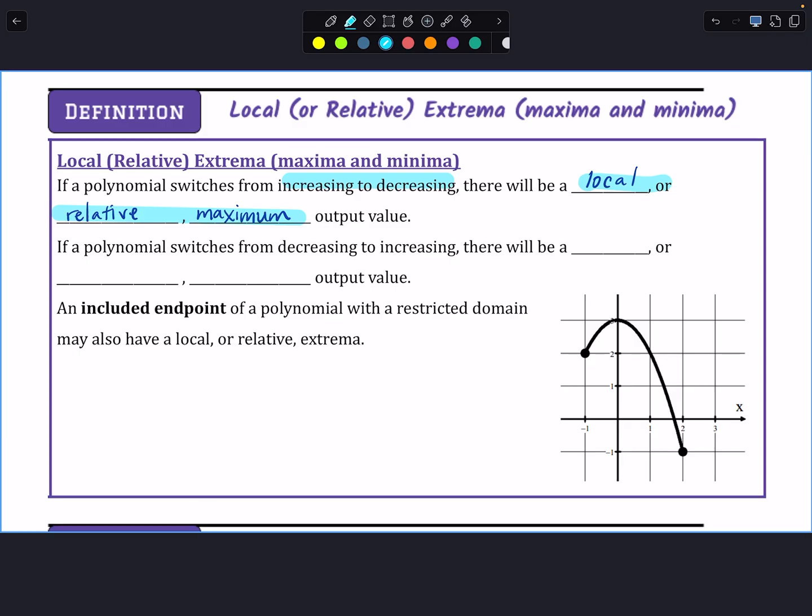On the flip side, if it goes from decreasing to increasing, that point right there would be a minimum. So if a polynomial switches from decreasing to increasing, we call it either a local or relative minimum.